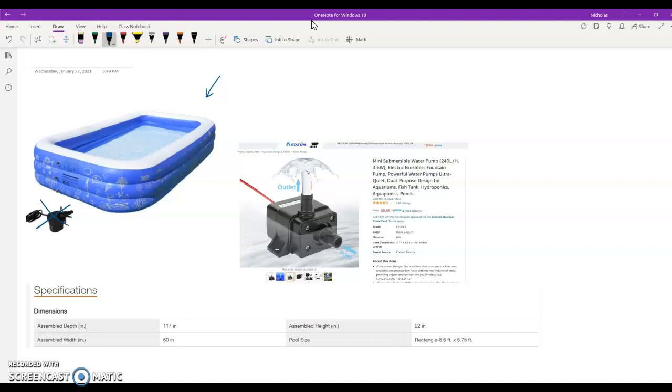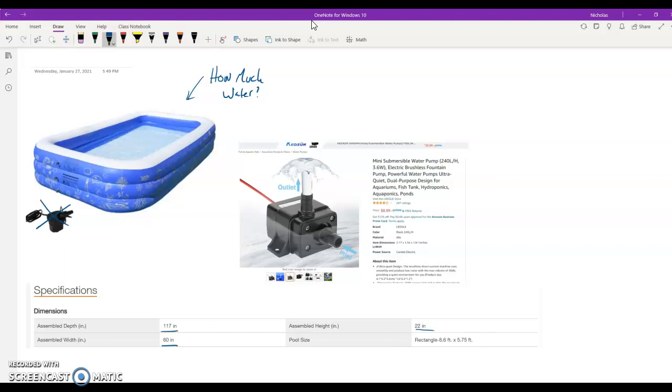So there's a couple things that we need to know before we can go forward, right? We need to know how much water is in there. To go about finding out how much water is in this pool, we need to know some dimensions. And we know it's 117 inches deep, 60 inches wide, and 22 inches high.